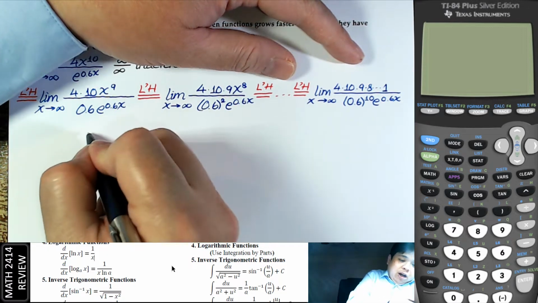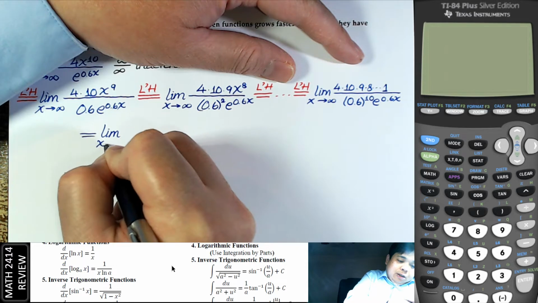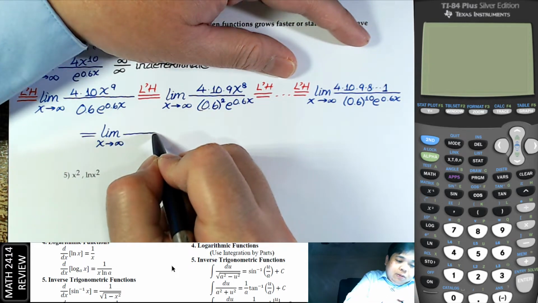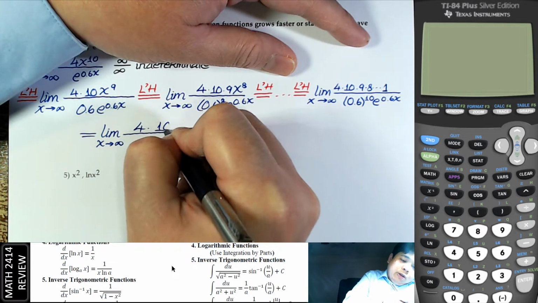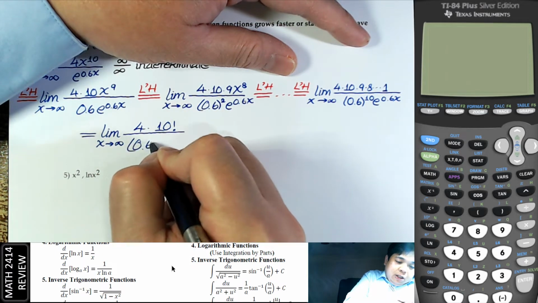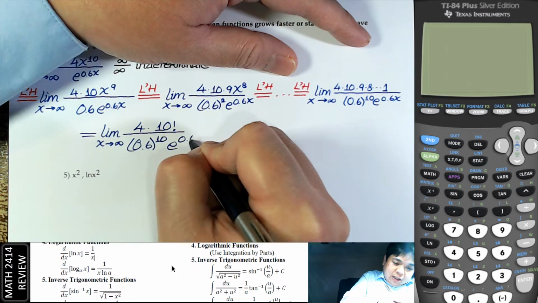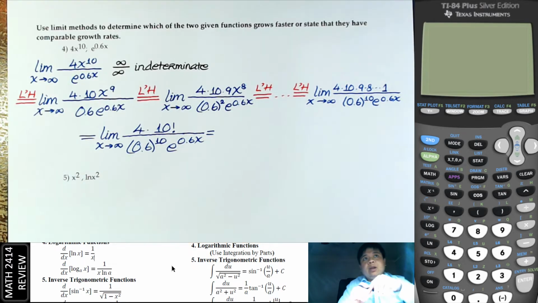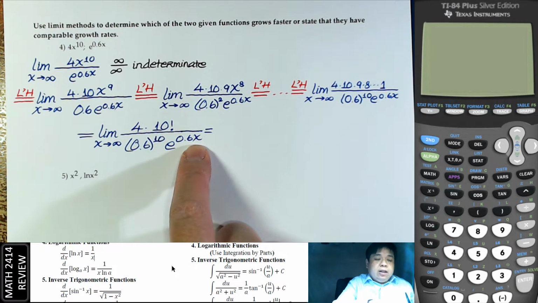Right, so bottom line is we have 4 times 10 factorial. At the bottom we have 0.6 to the 10 and then e to 0.6x. Now, the bottom have e to something, right?